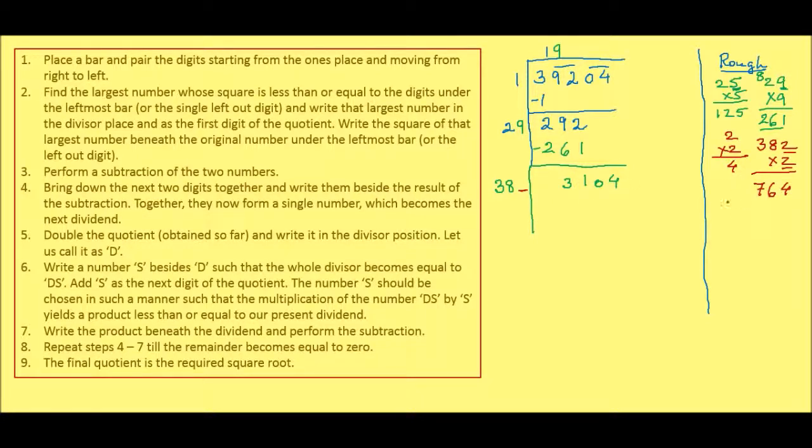So we take the other number which when multiplied by itself gives us a 4 in the ones place. That is 8 times 8. 8 times 8 is 64.